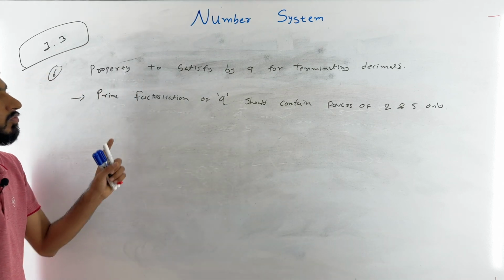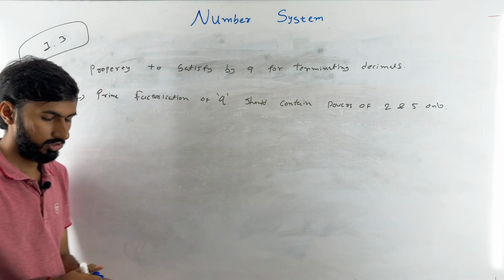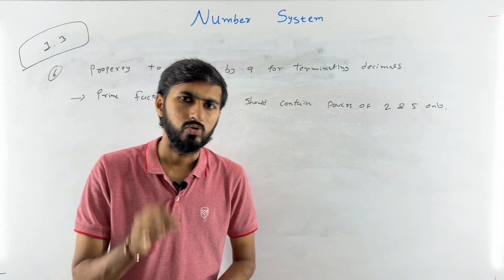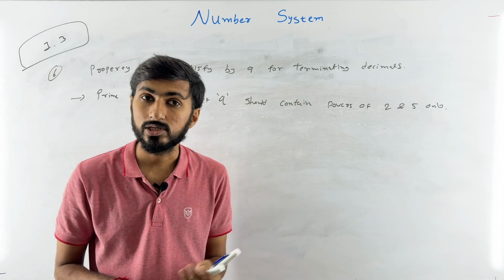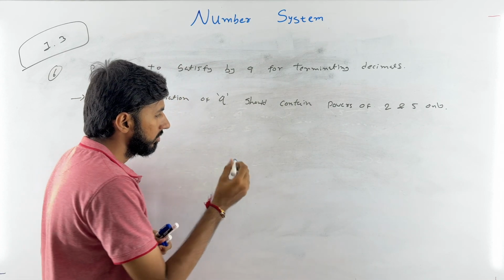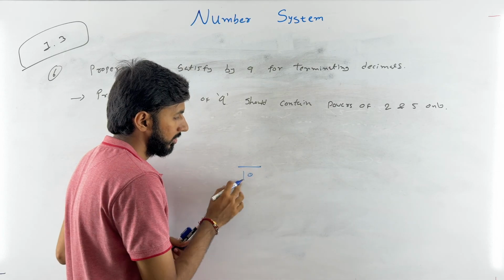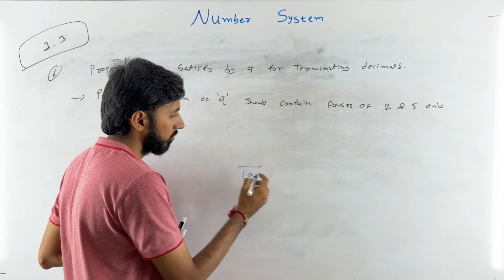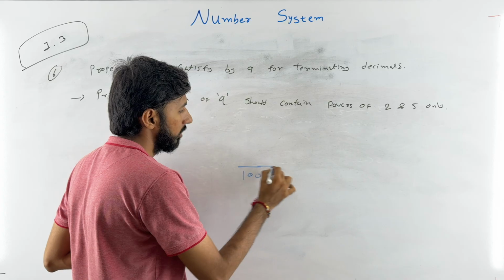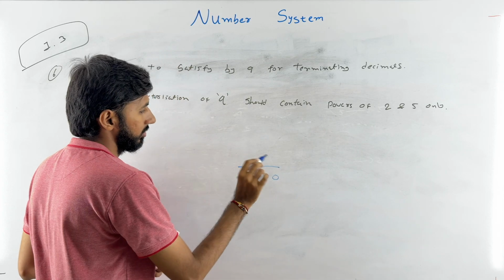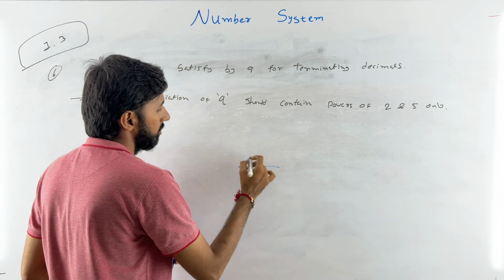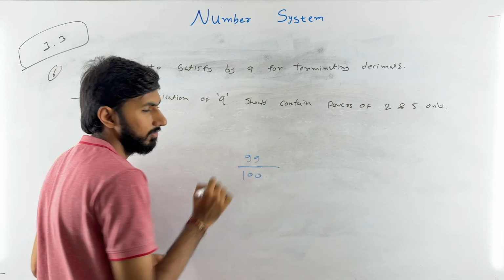Now if you want to find the reason behind this, just think. To get a terminating decimal expansion, the simplest form will be if you can get 10 in the form of the denominator or 100 or 1000 or any number like this. Let me write 99 divided by 100.